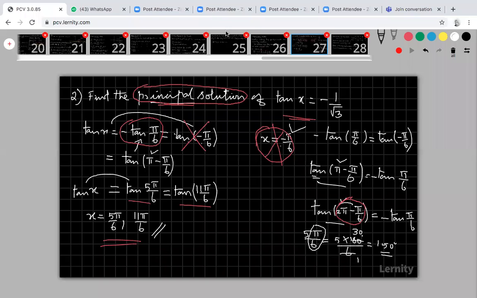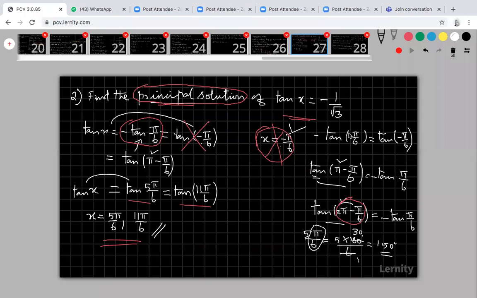Any other doubt? Yes, correct. X is negative, so it is not a principal solution.